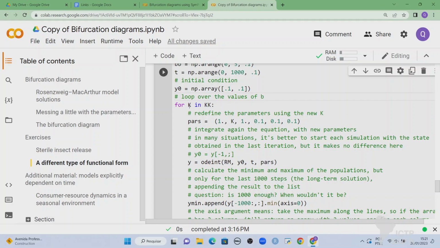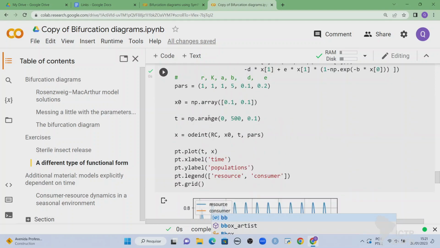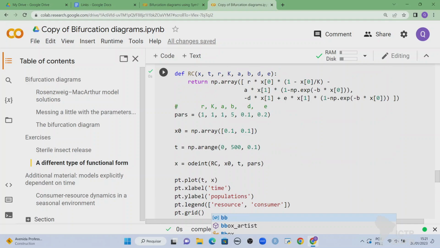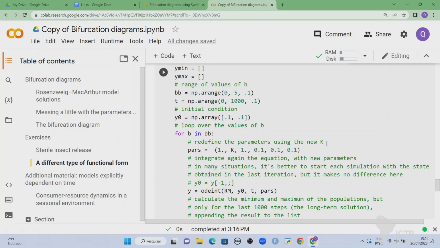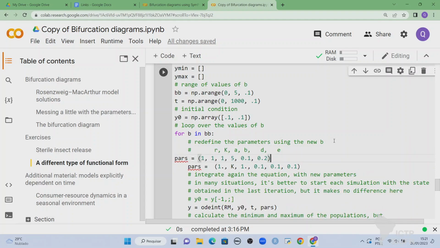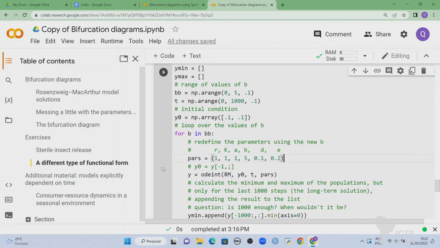So for b in bb, I have the list of parameters, so let me copy the list of parameters over here. What are you doing now? I'm drawing the bifurcation diagram. We already have parameters that look promising, and I'm just going to go over many values of b.